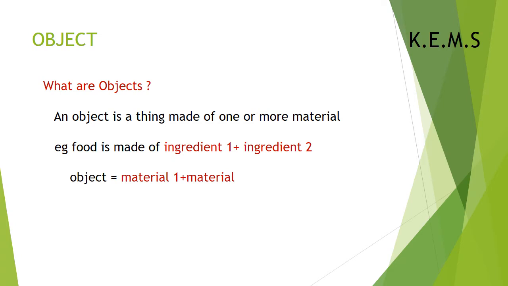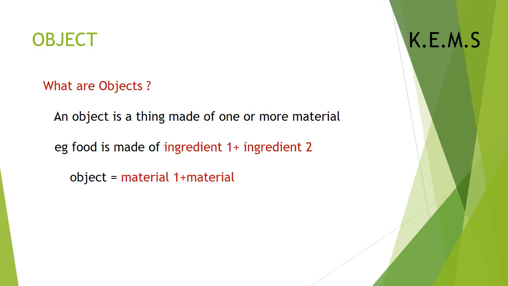Next, we need to understand what are objects. An object is a thing that is made out of one or more materials. Example, we studied in our first and second chapter that food is there. What is this food made out of?